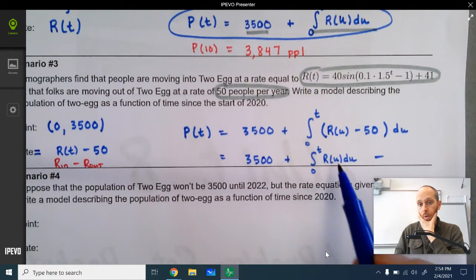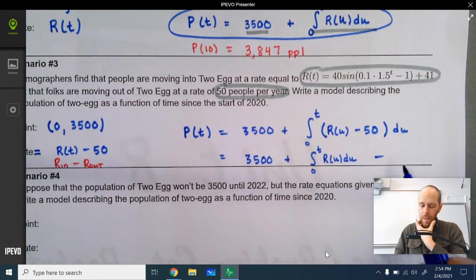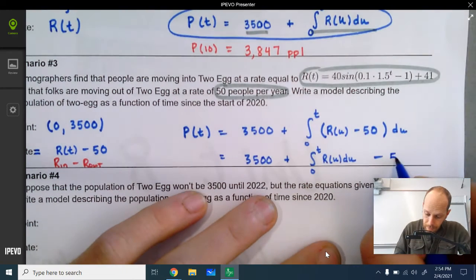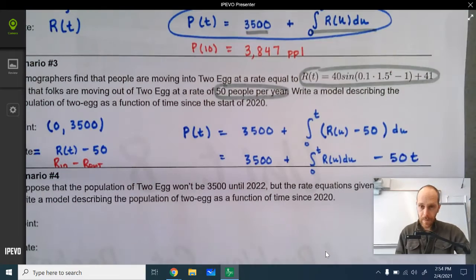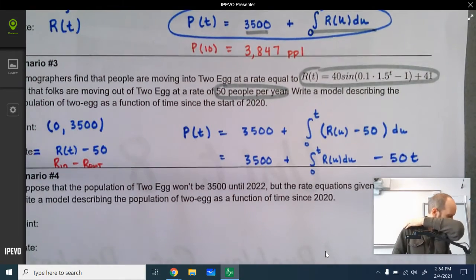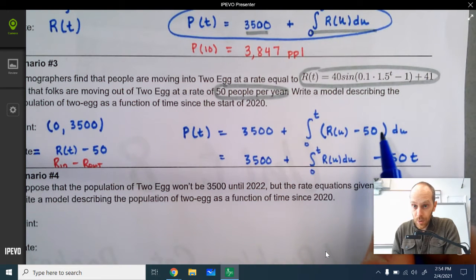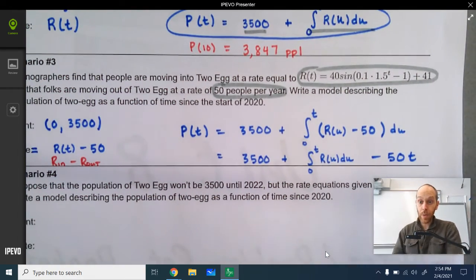This would give you the total number of people that have moved in. The total number of people that have moved out after t years would be 50t. So if inside the integral, it's just a 50 because it's a rate. If outside the integral, it's a 50t, which would give you the total loss.